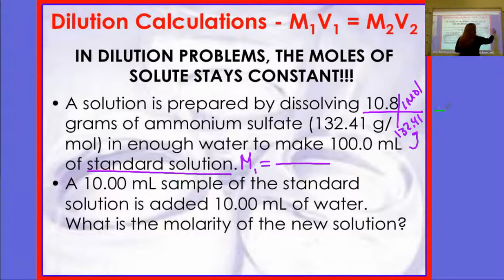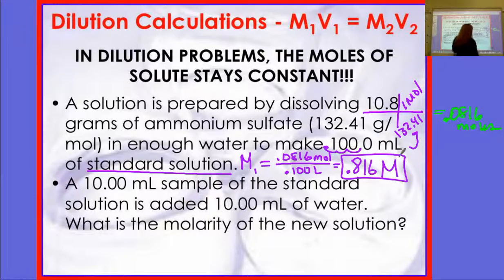How many moles of ammonium sulfate do I have? 0.0816 moles divided by, again converting to liters, 0.1 liters, you should get a concentration of 0.816 molar. 0.816 is my M1.